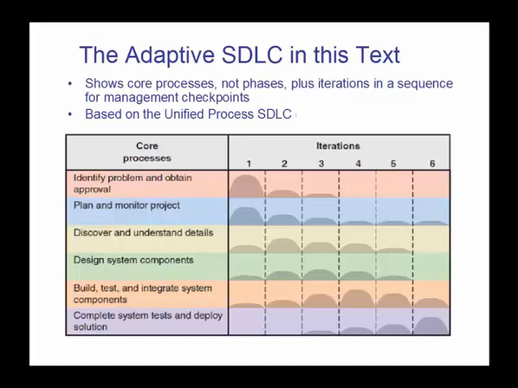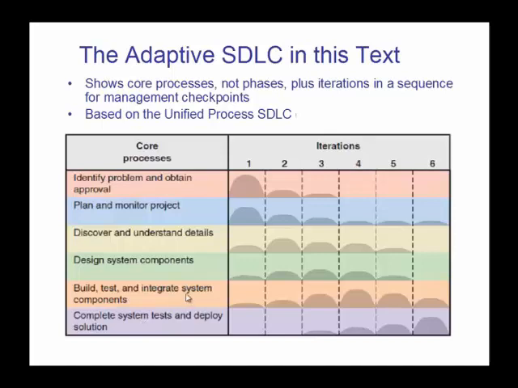Recall that the core processes are identify the problem, obtain approval, plan and monitor the project, discover and understand details, which is much like analysis, design system components, which of course is design, build, test, and integrate the system components, which is basically implementation, and then complete system tests and deploy the solution.